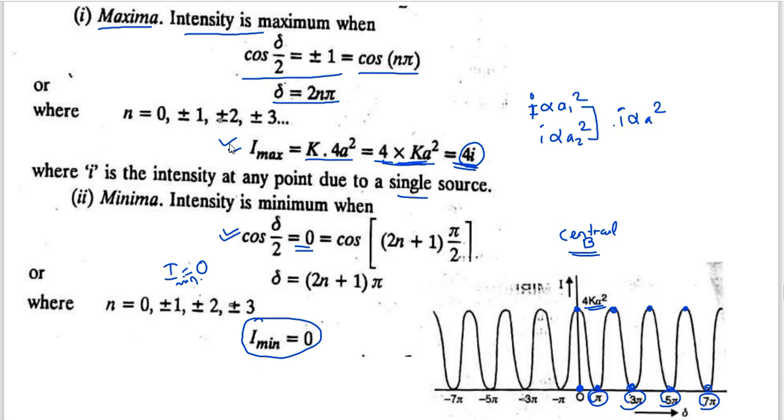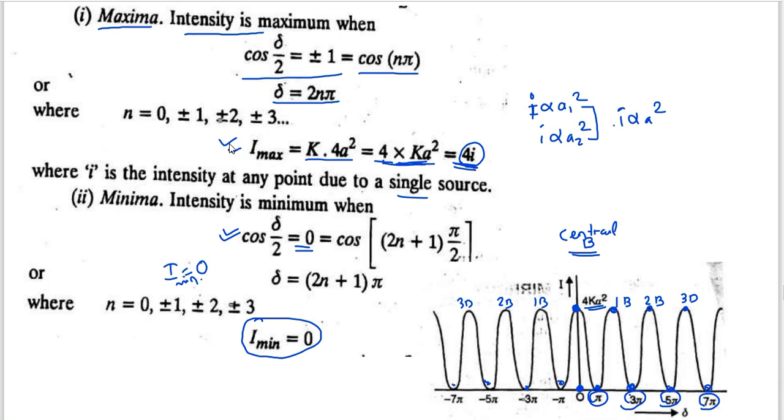Similarly, at point 0 this is the central bright, this is the first bright, this is the second bright, this is the third bright. The same is on the opposite side: first bright, second bright, third bright, and these points are the dark points.